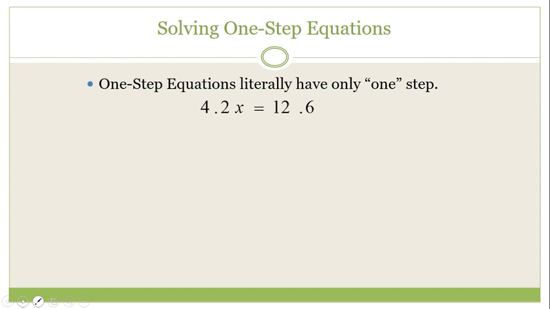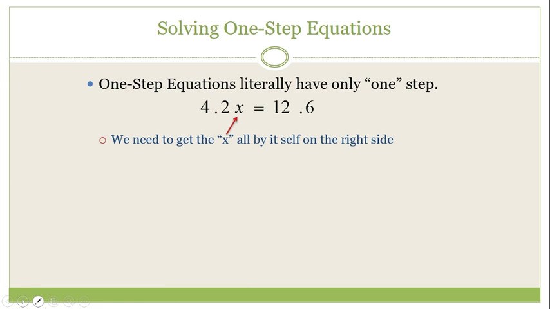Okay? So let's first of all take a look at solving a one-step equation. One-step equations are called one-step because they literally only have one step to solve them. So in this example, we have 4.2 times x equals 12.6. And we need to get the x all by itself. In this case, it's on the left-hand side of the equation.